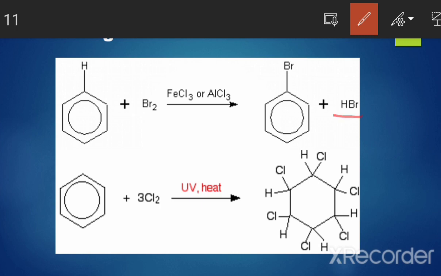And the other is we change the halogen as chlorine, and this is the benzene ring.